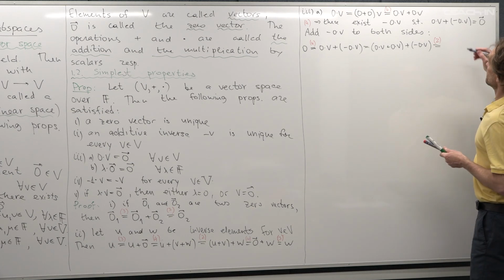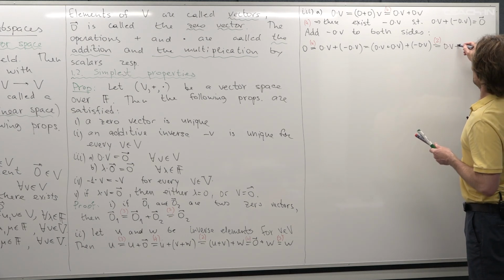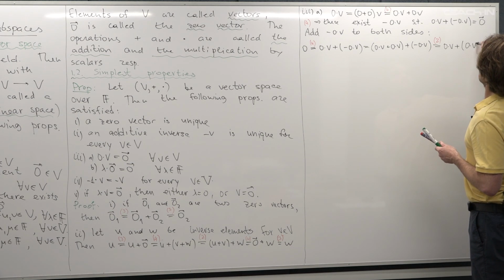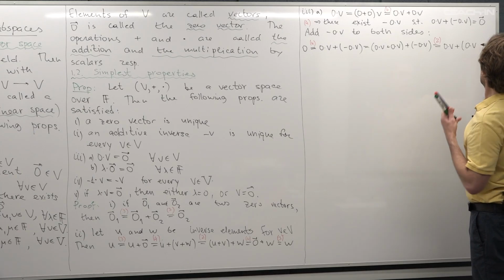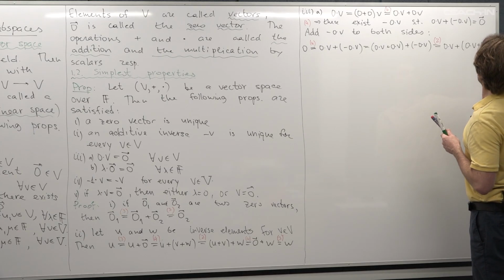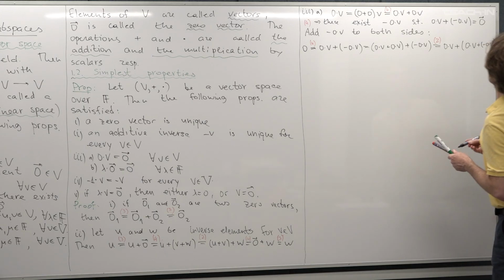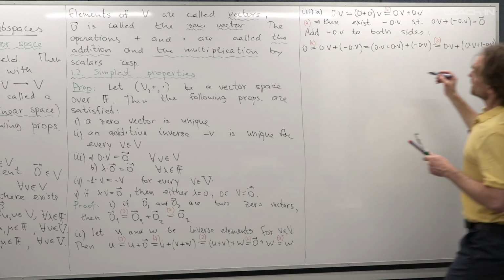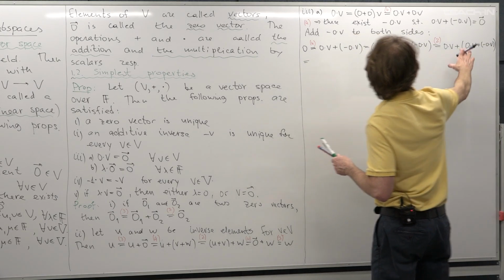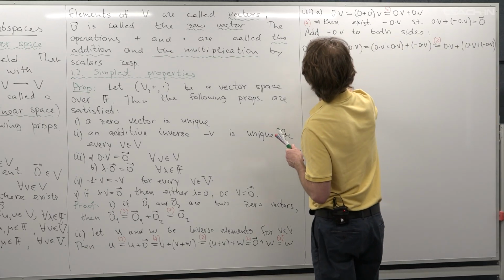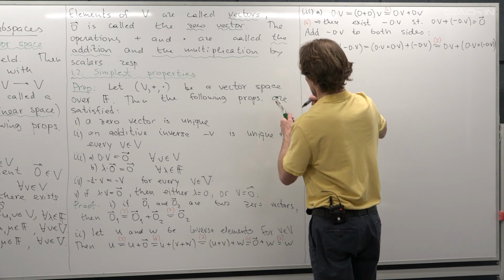So I will represent it as 0 multiplied by v plus 0 multiplied by v plus minus 0 multiplied by v. So this is what we are going to get, and this is 0, so 0 multiplied by v plus 0.